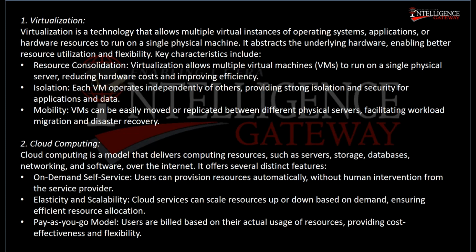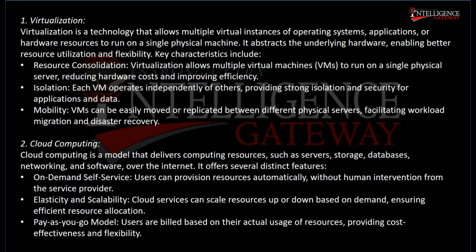Virtualization allows multiple virtual machines, VMs, to run on a single physical server, reducing hardware costs and improving efficiency. Isolation. Each VM operates independently of others, providing strong isolation and security for applications and data. Mobility. VMs can be easily moved or replicated between different physical servers, facilitating workload migration and disaster recovery.